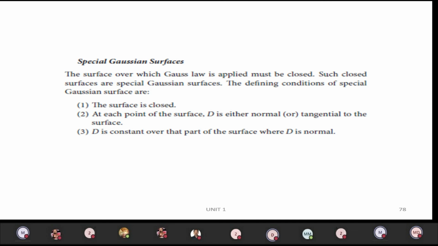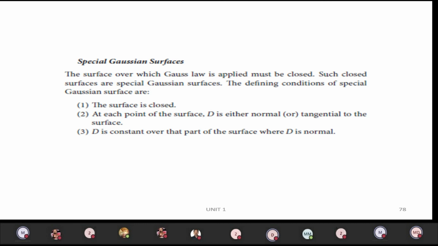The surface should be a closed one. At each point of the surface, D is either normal or tangential to the surface, and D is constant over the part of the surface where D is normal.